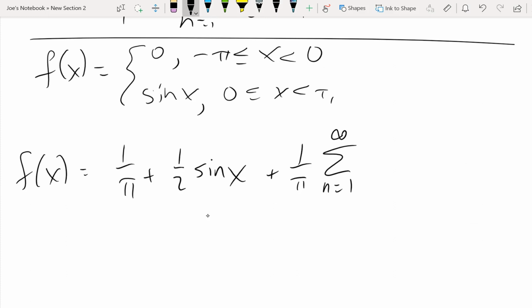So the top was a negative cosine nx minus 1. When I plug in 1, I'm going to get 0. When I plug in 2, you get a -2.